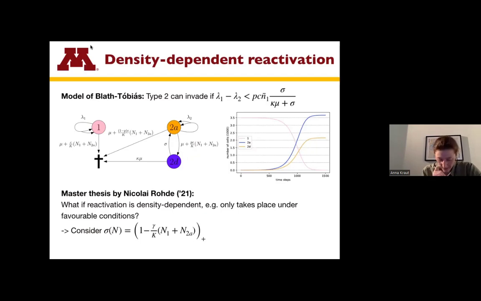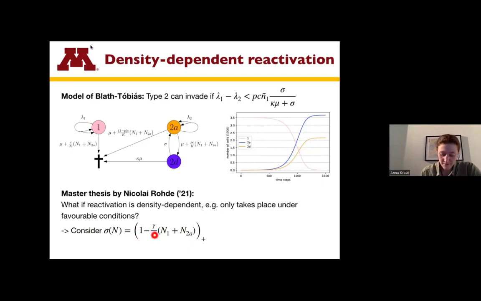So we changed this constant rate sigma into a rate sigma n that depends on the population size, where the combined size of active individuals, so either type 1 or 2a, has a negative impact on this activation. Again, we see a rescaling by k, the carrying capacity, where we assume that this impact is less and less severe the more resources there are.